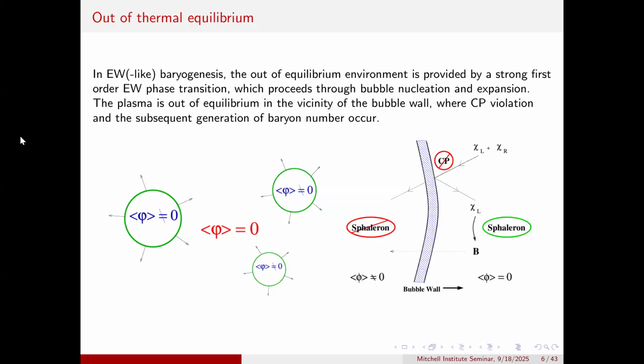This baryon number will eventually diffuse into the true vacuum, or the broken phase, in which the sphaleron is suppressed. So whatever we generate outside, once it has diffused into the broken phase, is conserved because there is no baryon number violation in the broken phase.